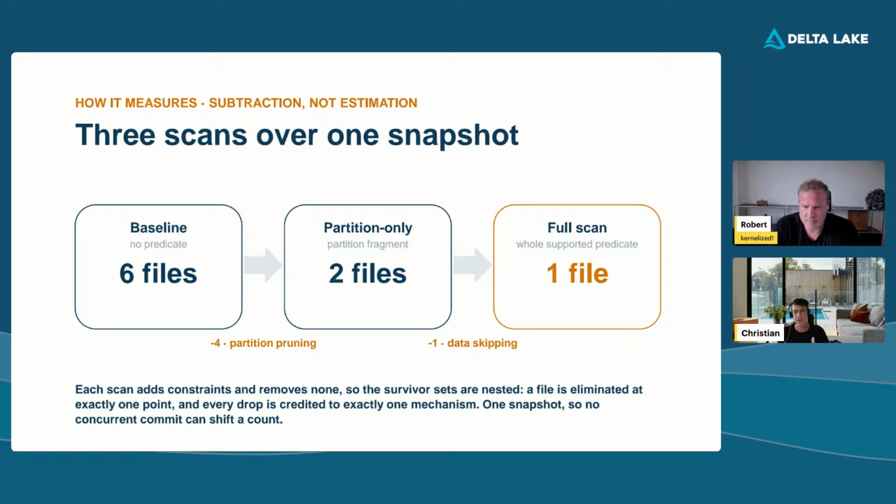No, those are 2. Then I re-execute the wall, always starting from the baseline with the wall query. And then I see exactly what stays there. Then I make a subtraction and I know exactly, okay, this is coming from the partition only operations, and this other one is coming from the full scan.